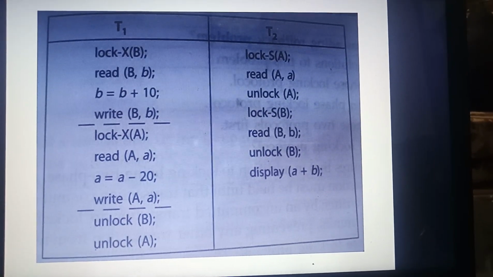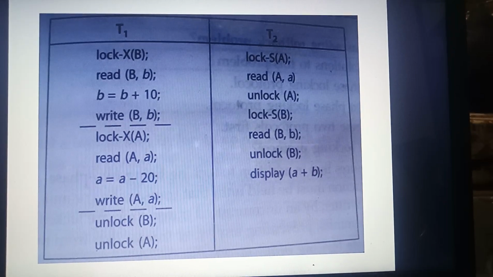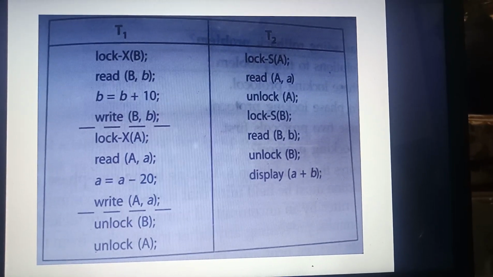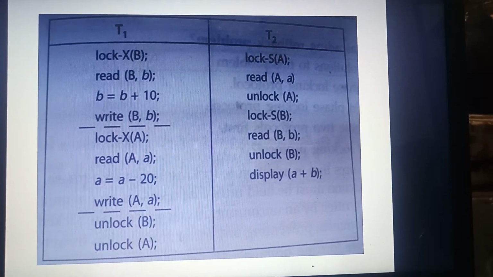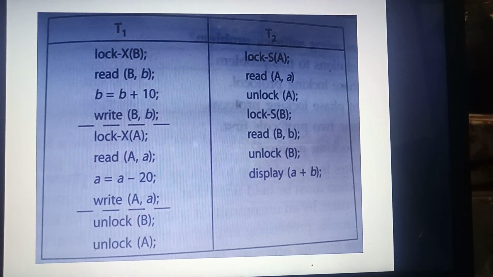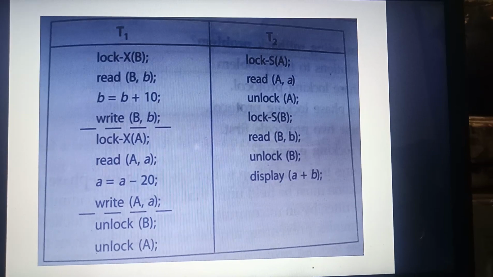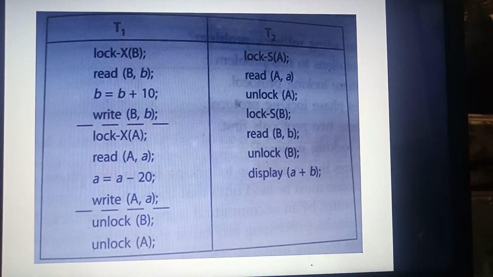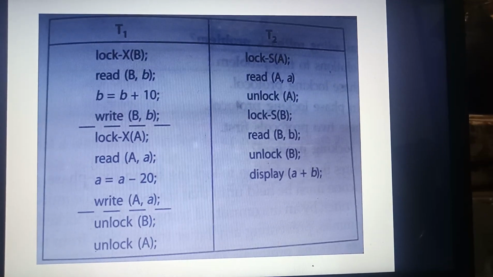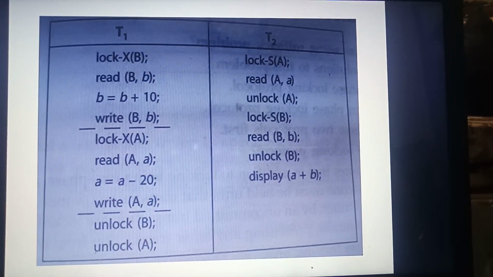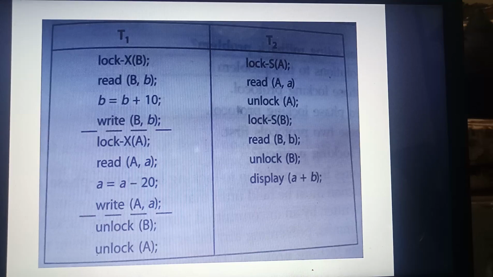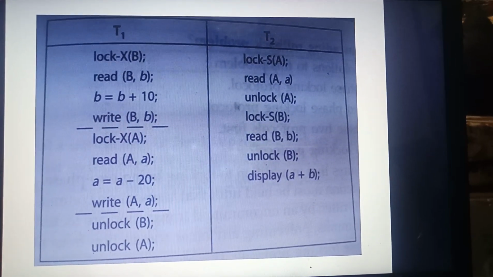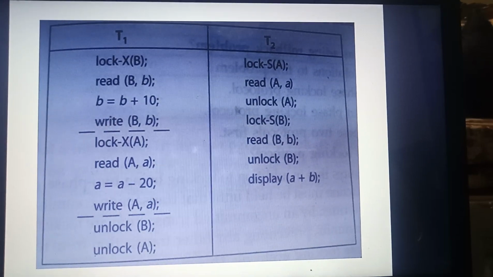Now first, if we look at first transaction T1, we see that item B is exclusively locked, and then some operations, read and write operations, are performed. After this, item A is locked and some operations are performed, and in last both the data items are unlocked.